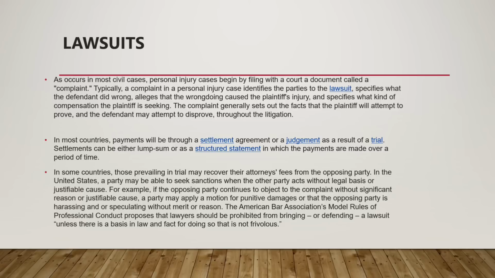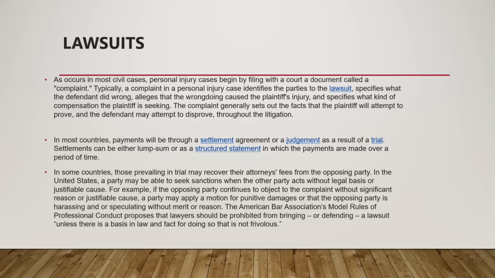In the United States, a party may be able to seek sanctions when the other party acts without legal basis or justifiable cause. For example, if the opposing party continues to object to the complaint without significant reason or justifiable cause, a party may apply for a motion for punitive damages, or argue that the opposing party is harassing or speculating without merit or reason.